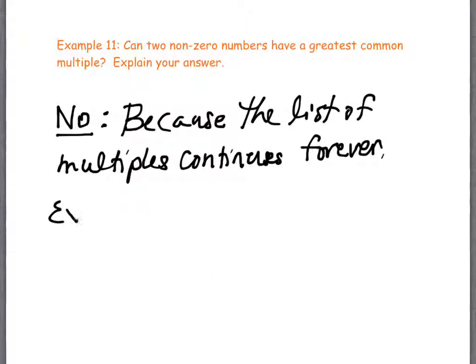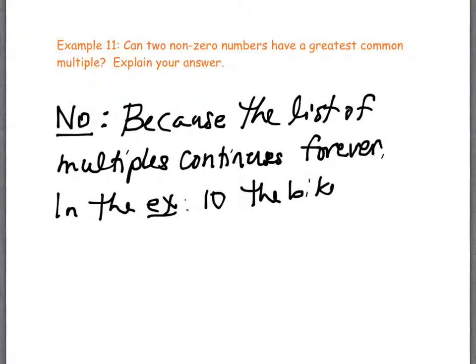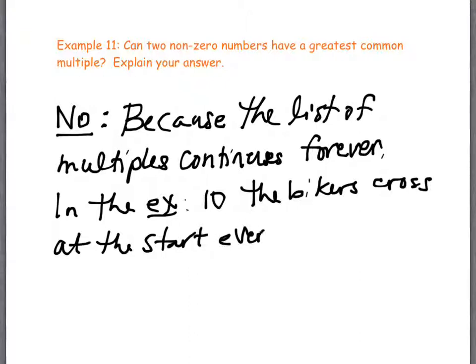So we can do an example if you'd like, and we can think about, let me say it this way. In example 10, that's the previous one we just did, the bikers cross at the starting line every 36 minutes.